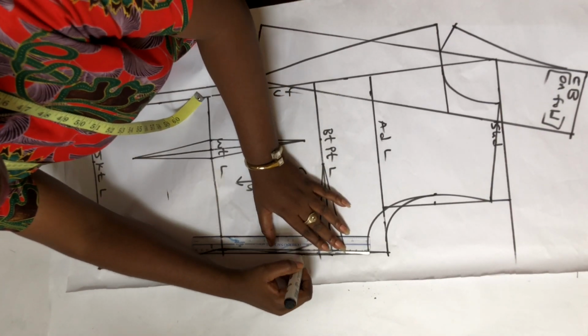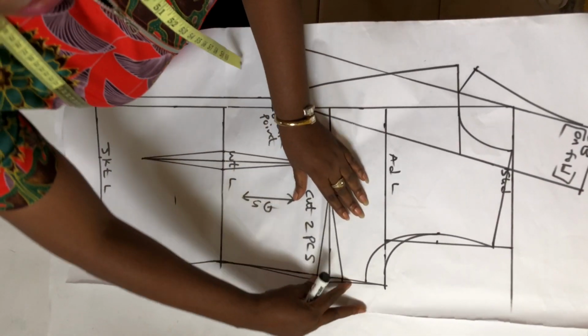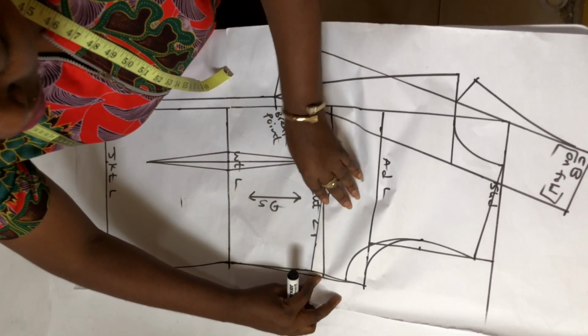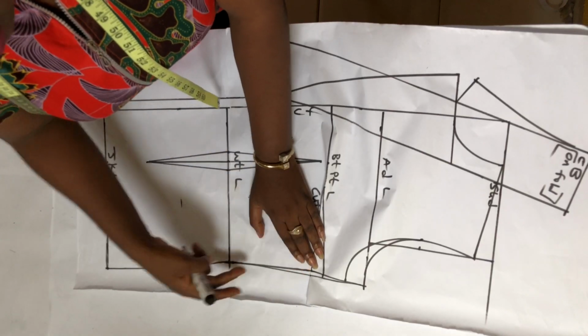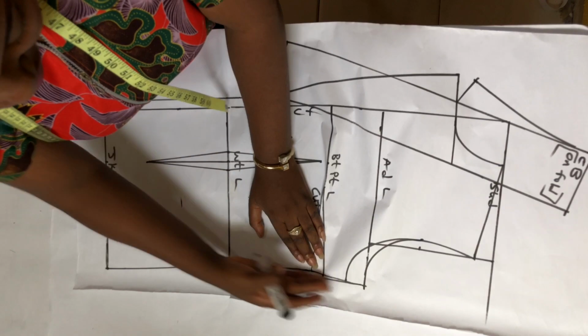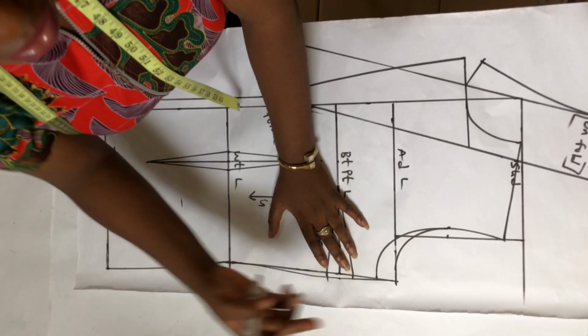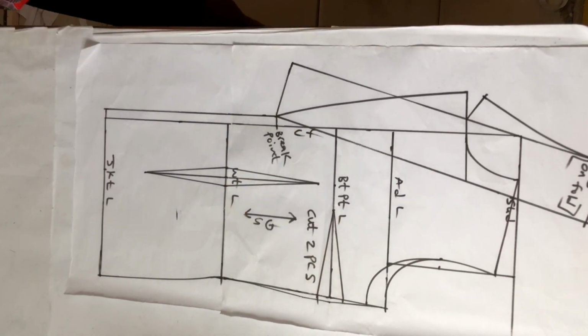Then I'll open it and connect here. My side line is okay, I can cut here. But if yours is not going to align, you can draw the other line and cut the other line.